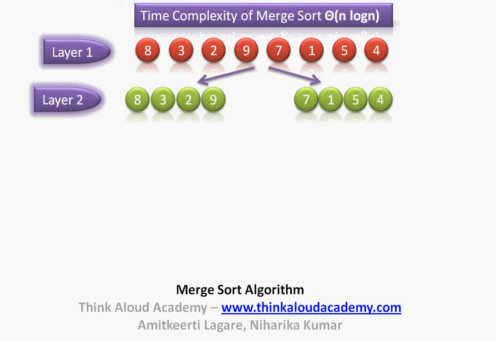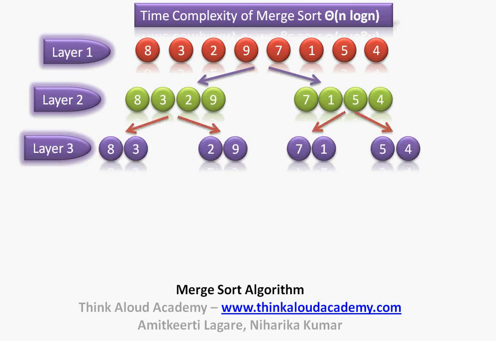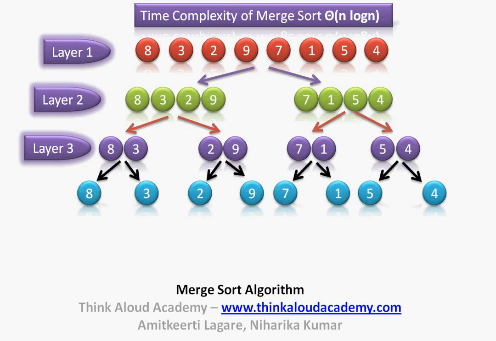We divided it into two sublists at layer 2, and then we again divided it into 4 elements at layer 3, and then we finally divided it into 1 element each, and then we merged back with the sorted elements, and again merged back with the sorted elements, and then finally we merged all the elements back as sorted into layer 1.